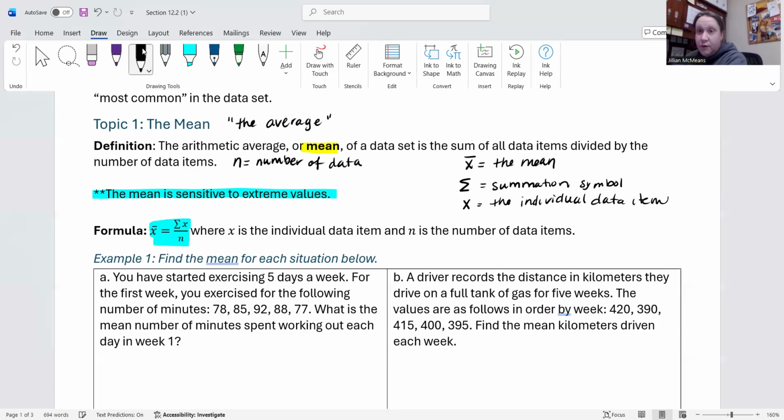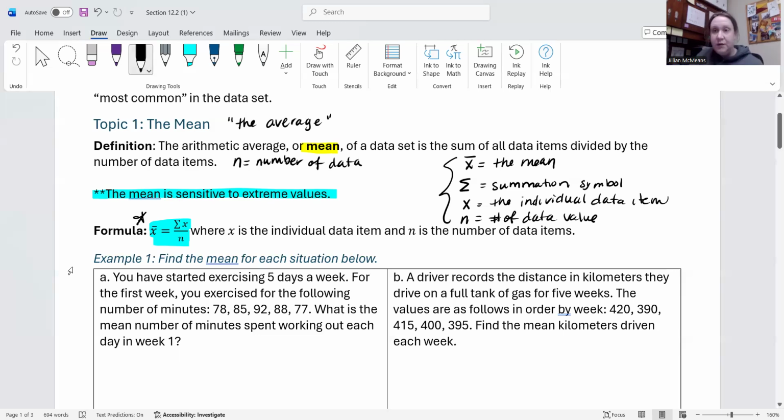So what this says so far is X bar, the mean, equals the summation of X, the sum of the data values. Then we divide by N, which is the number of data values. Just know that this formula means all of this. In short, we add up all the data items and then divide by the number of data items in the list.